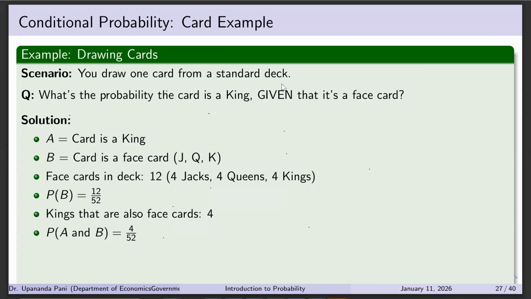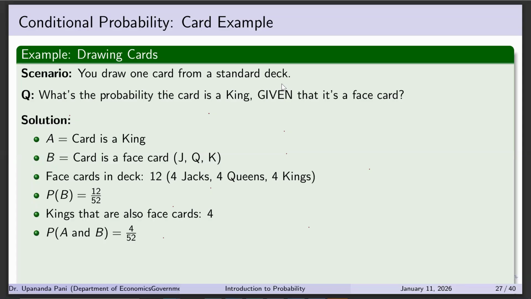A is the card is a king, B is the card is a face card. Face cards are J, Q, K: 12 in the deck, 4 jacks, 4 queens, 4 kings. So probability of B is 12 upon 52. Kings that are also face cards are 4, so probability of A and B is 4 upon 52.